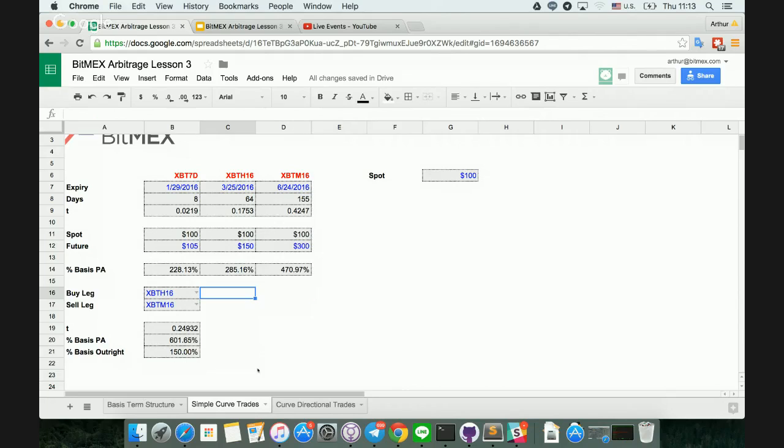Now, let's reverse this. Assume that the weekly is trading quite expensive.